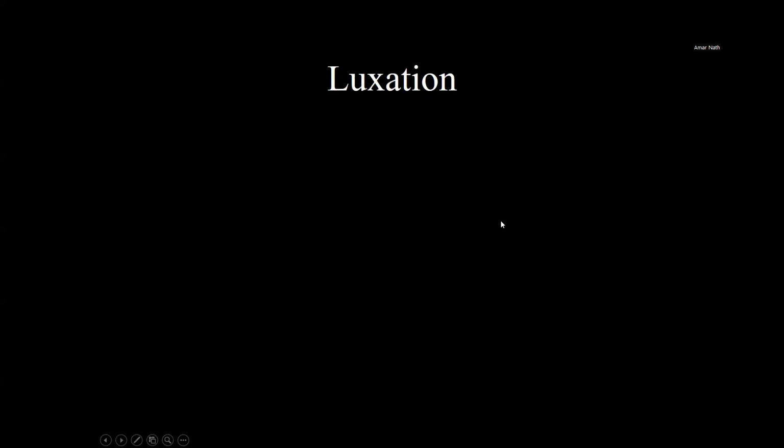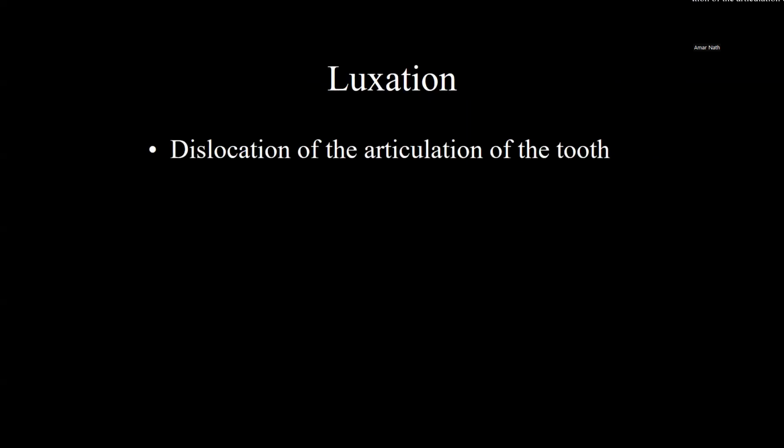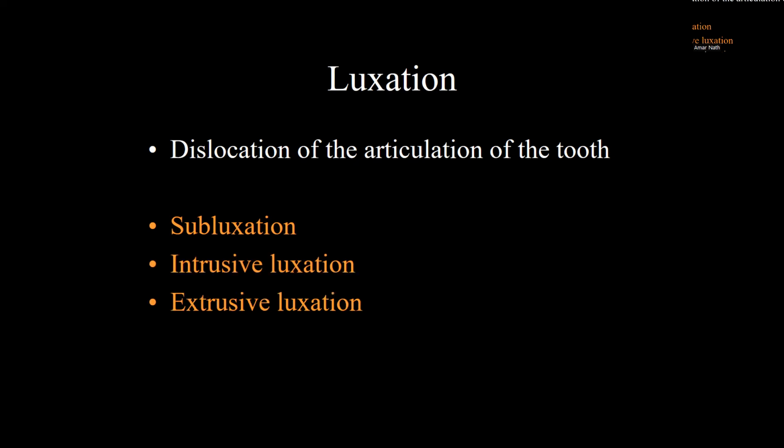Next is luxation. Luxation is the dislocation of the articulation of the tooth. There are multiple classifications for luxation. The first one is subluxation, second is intrusive luxation, third is extrusive luxation, lateral luxation, and avulsion.